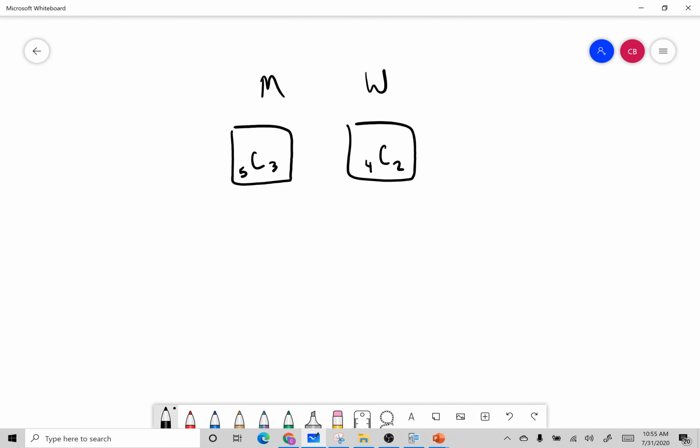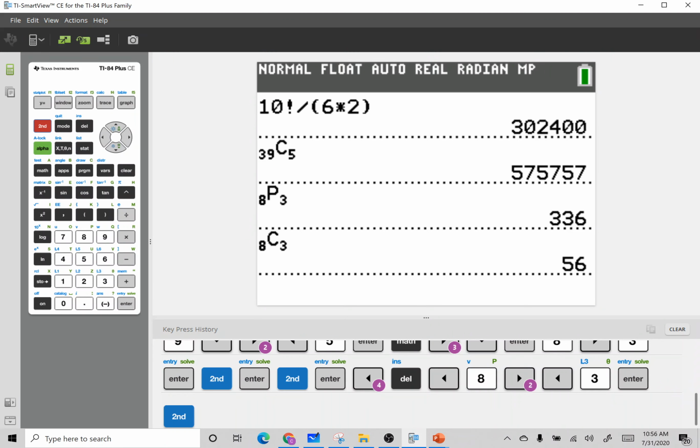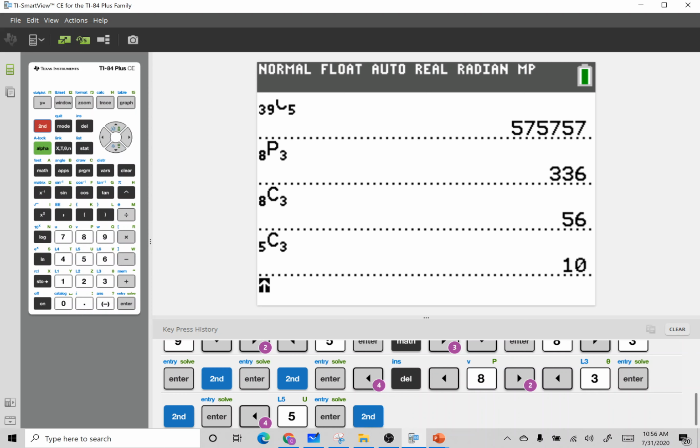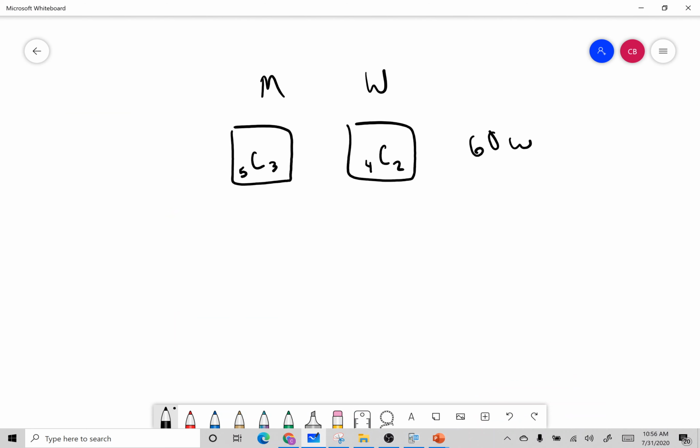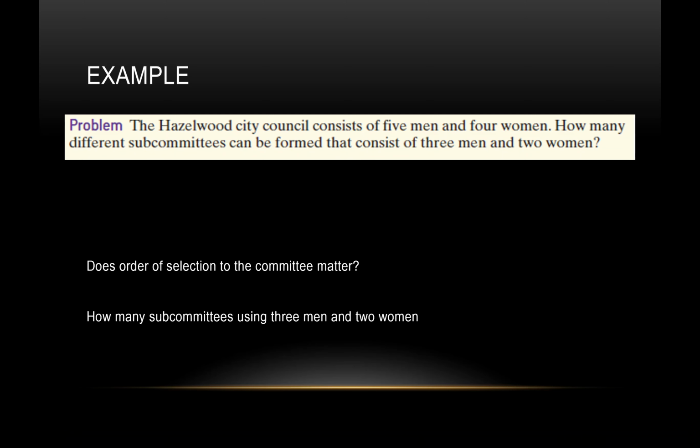I'm going to use the calculator just to be quick. We're multiplying these together because that will make one committee. 5 choose 3 is 10 and 4 choose 2 is 6. So there are 60 ways. So that one is taken care of. Does order matter? The answer was no.